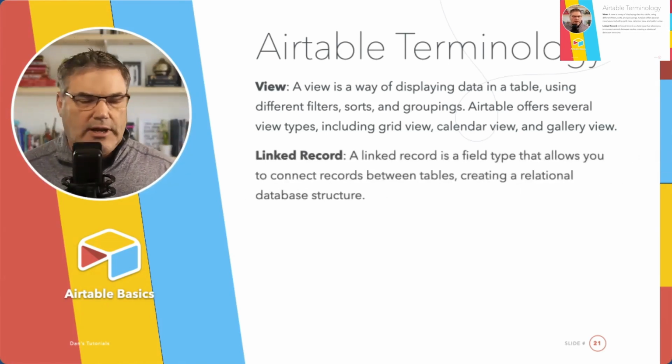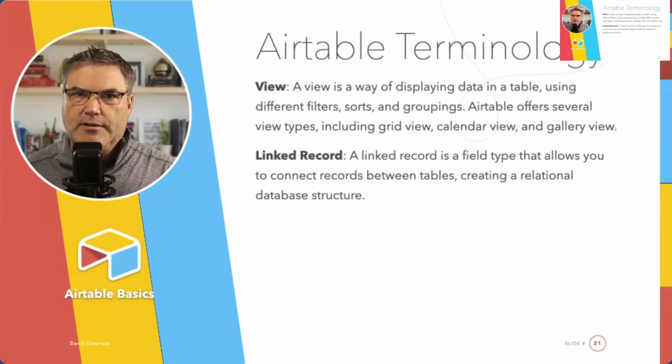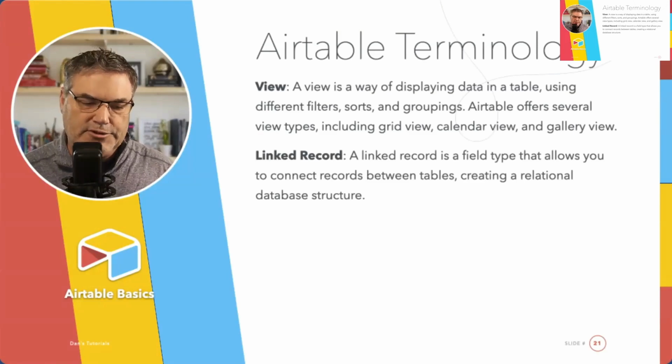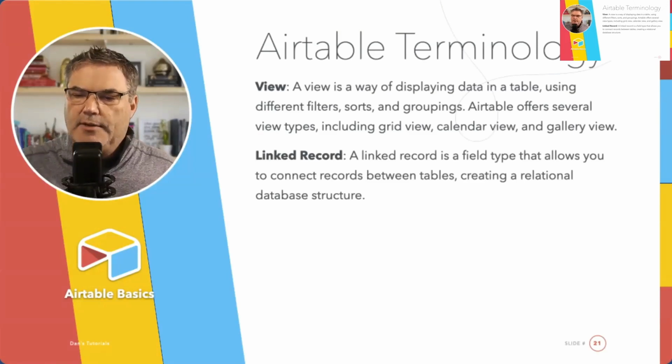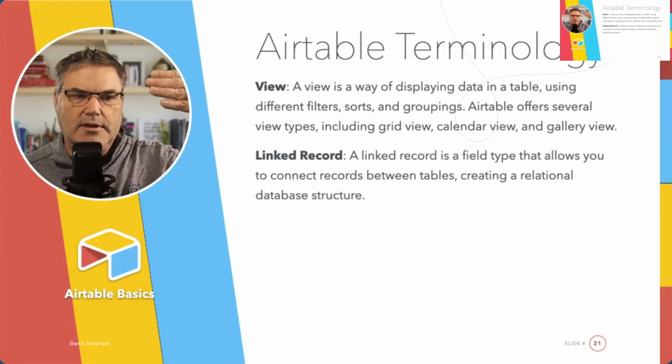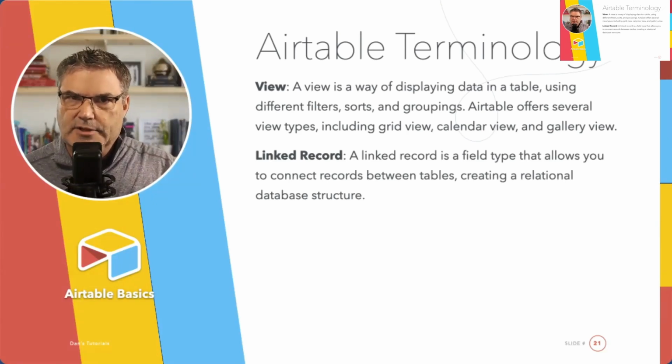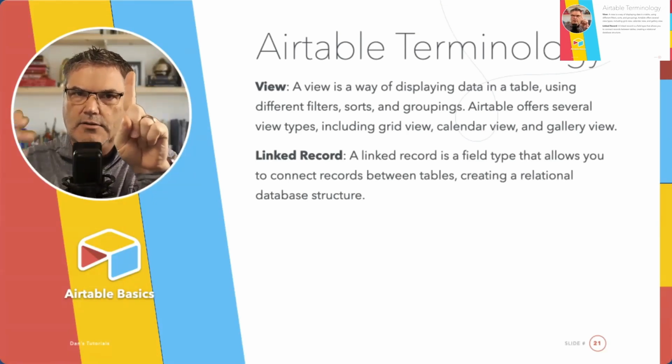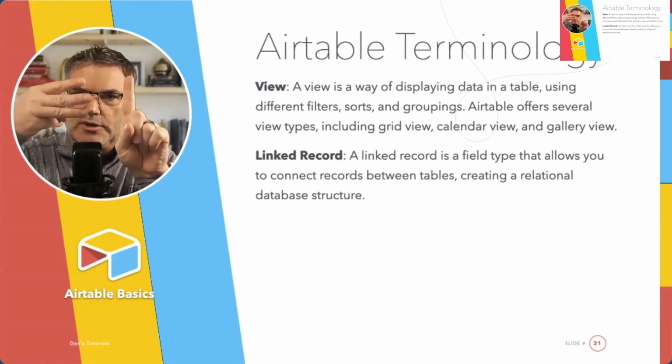A linked record, I'm not going to get into this, but a linked record is where you can create relationships. Bento was on the forefront of this, where you could relate databases or different tables together. So you could have Christmas gifts, and it links to your contacts. One contact would have 3 different gifts. That's a relationship.